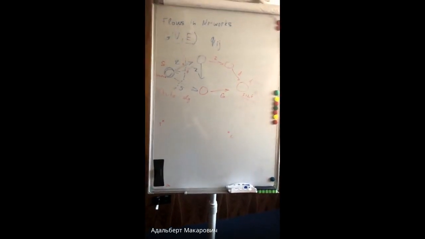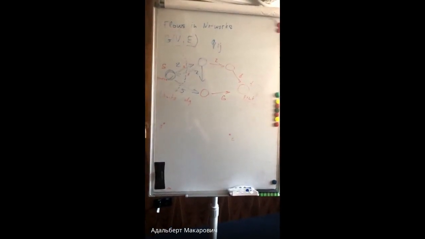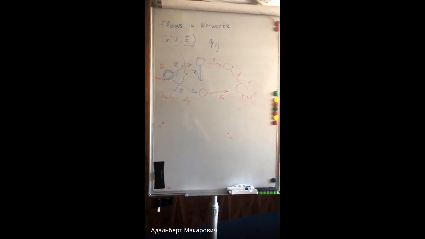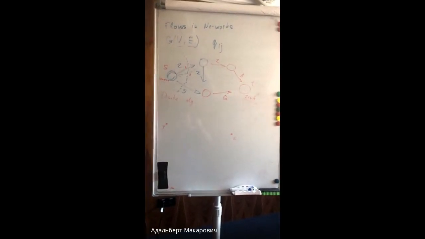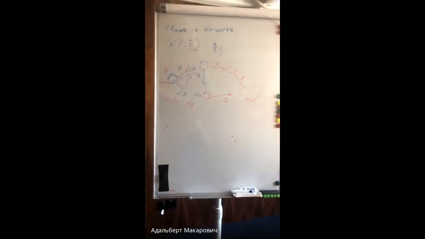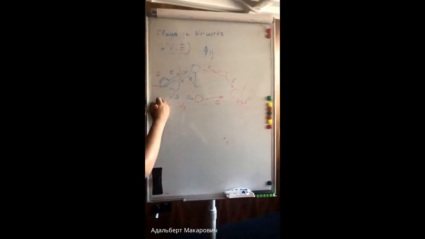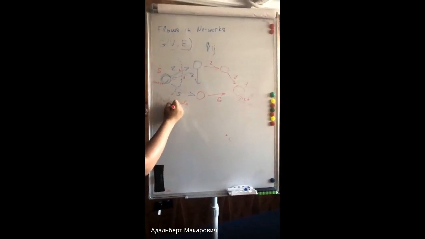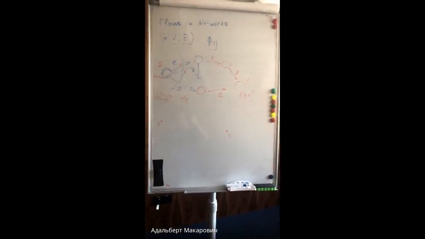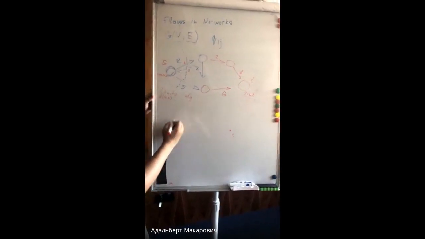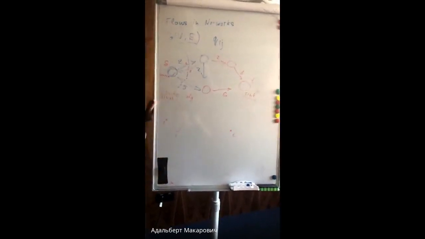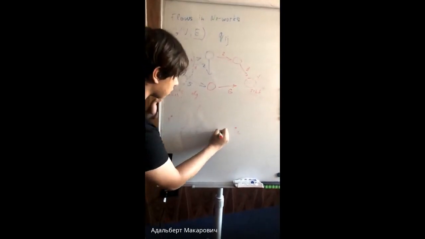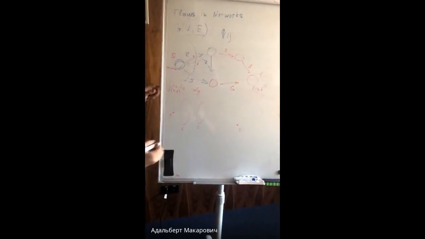Now let's run BFS on this graph and say that a layer is the set of vertices in the graph that have equal distance from S. Yeah, so we'll have here a layer of vertices with distance 1, a layer of vertices with distance 2, and so on.